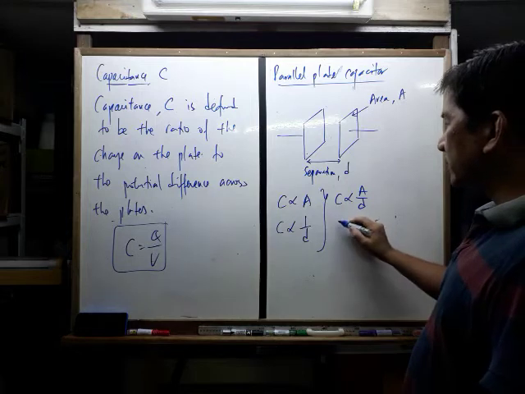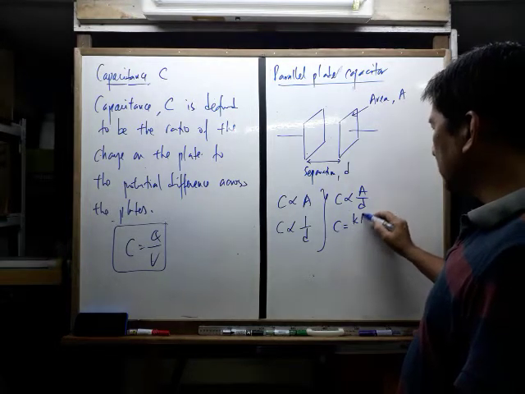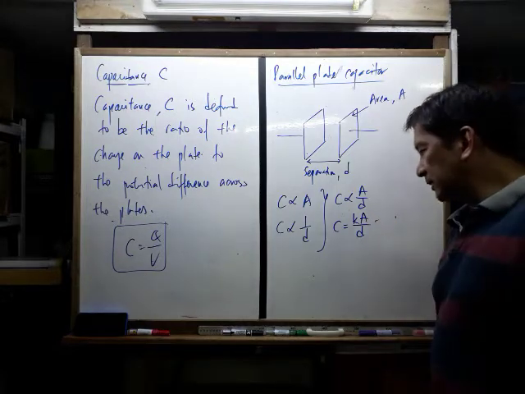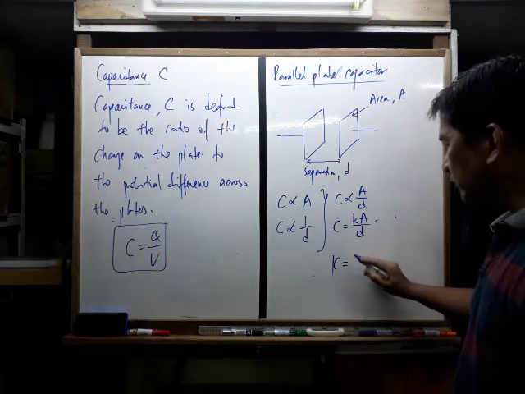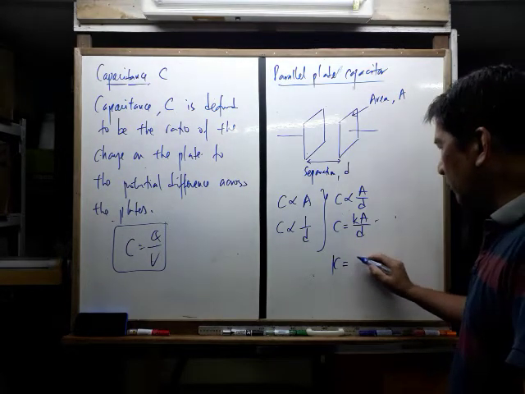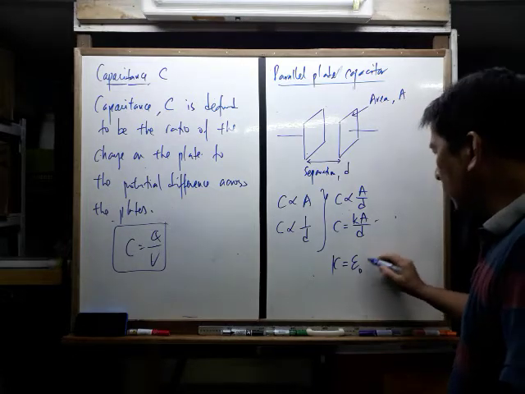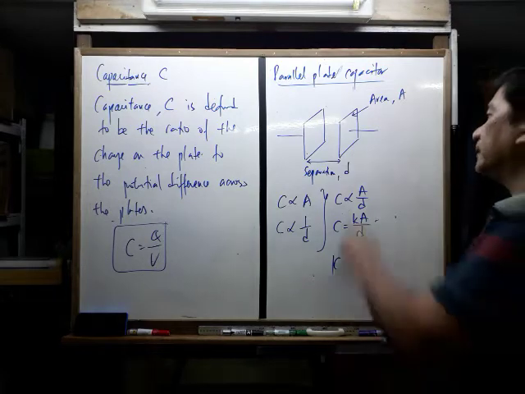And when we change it into an equation, we're going to get a constant here, a constant K, A over D. This constant K is equal to something that we call the permittivity of a vacuum multiplied by the relative permittivity of the medium.